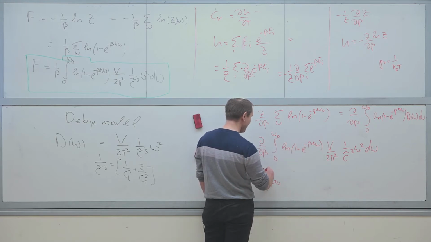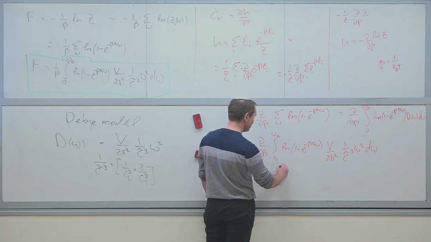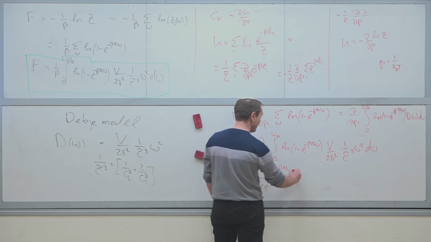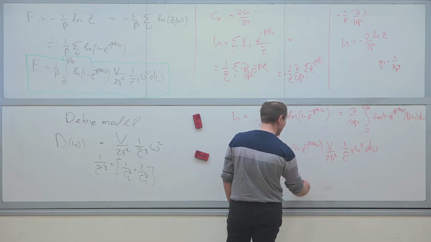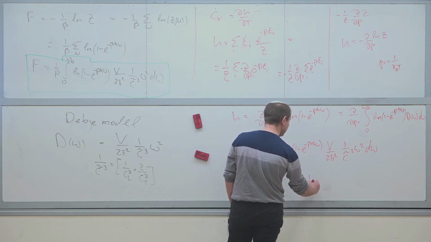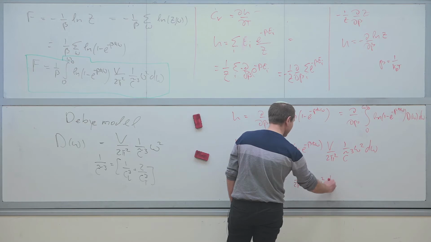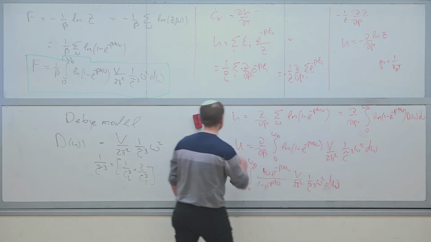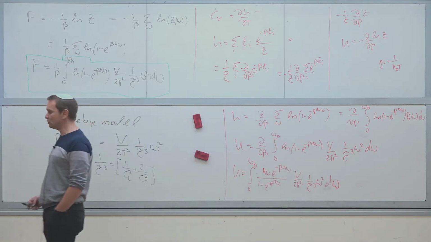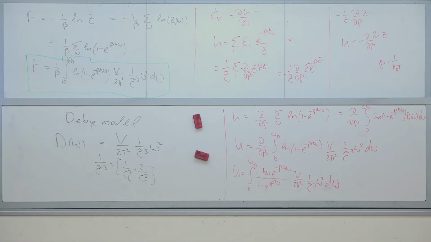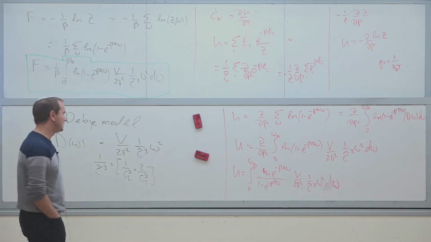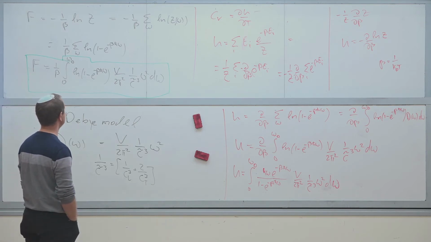So we have h bar omega over here, e to the power minus beta h bar omega, V divided by 2 pi squared, 1 over c tilde to the third, omega squared d omega. So eventually we are left with only one single integration. I haven't forgotten anything, I hope.